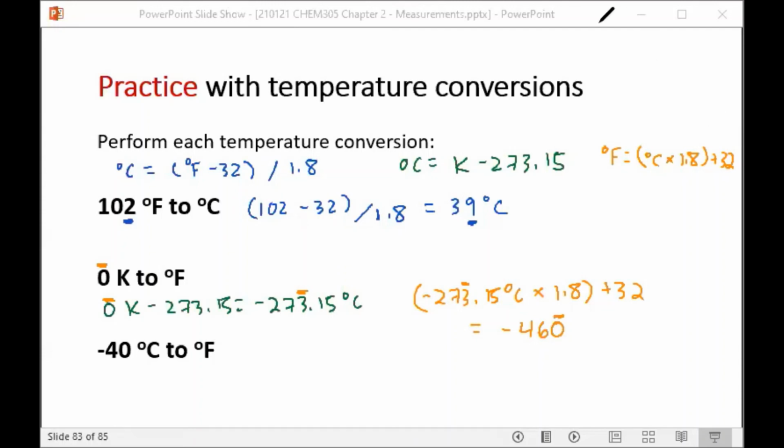Before rounding, I got negative 459.67 degrees Fahrenheit. But since 273.15 ended in the ones place, my final answer needs to also end in the ones place because these temperature conversions are based on the precision of the measurements. So the final answer equals negative 460 because we have to round.